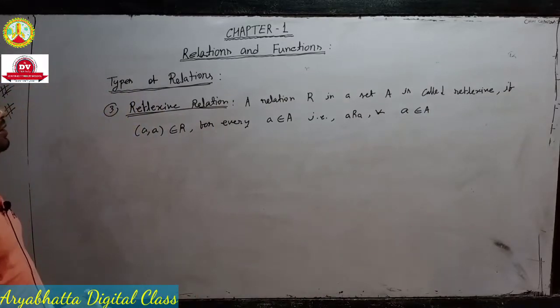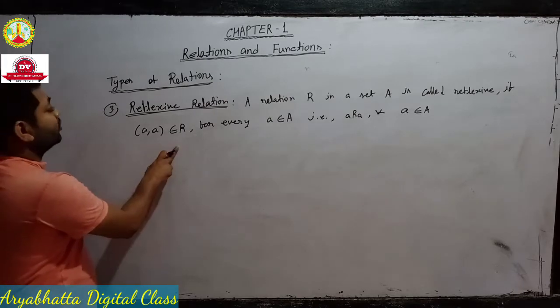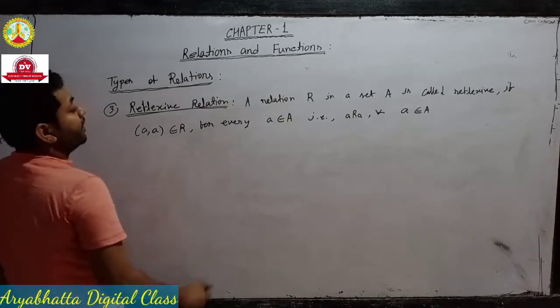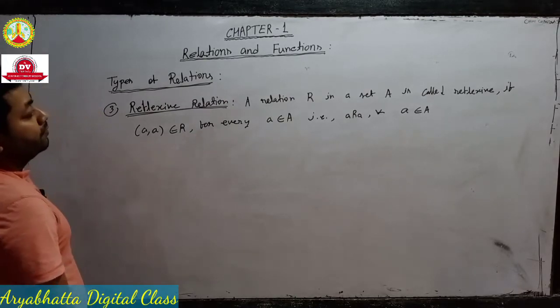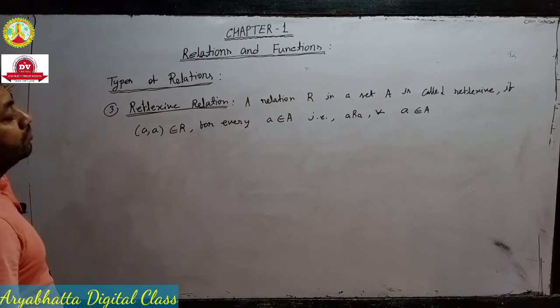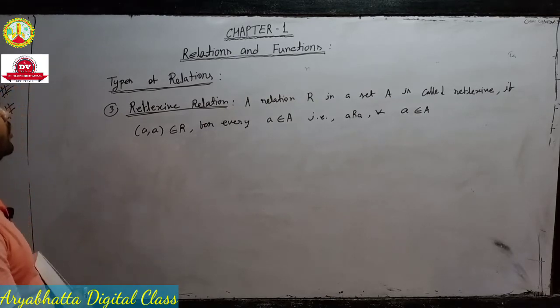A relation R in a set A is called reflexive if the ordered pair (a, a) belongs to R for every a belongs to A. That is, a is related to a for all a belongs to A.